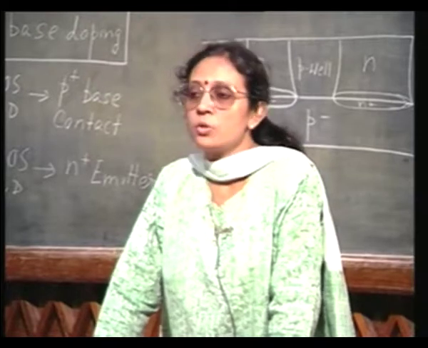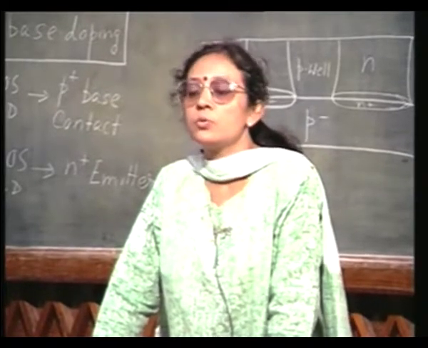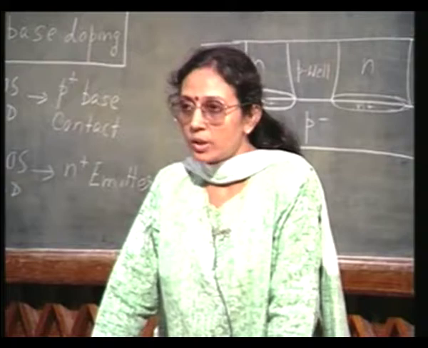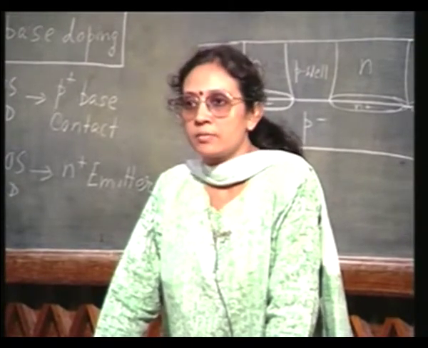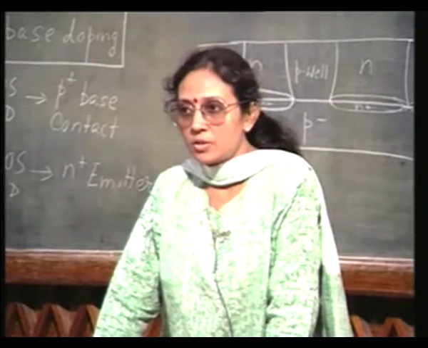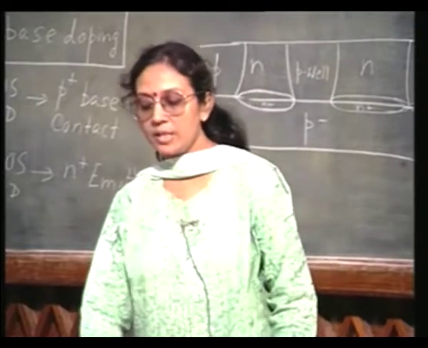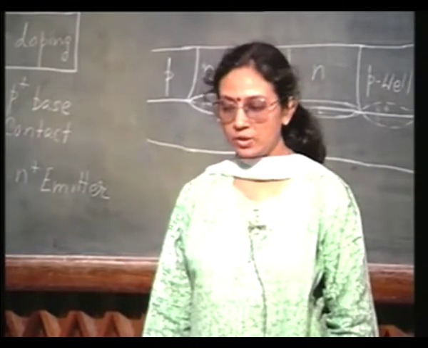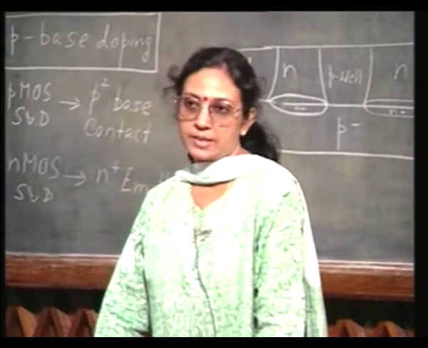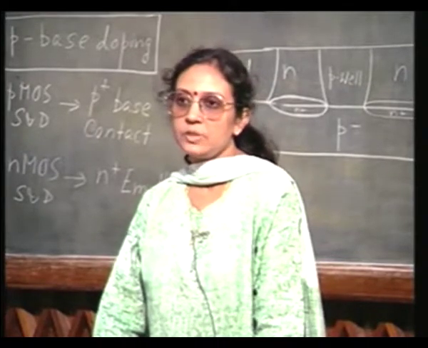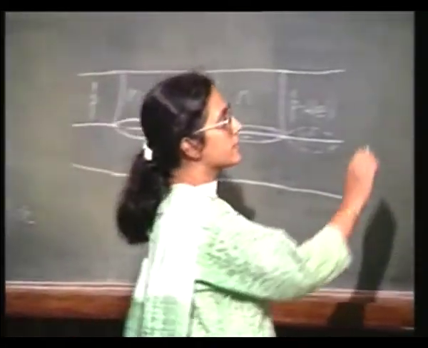So, what do we use? We use, on top of the polysilicon, a silicided gate. Okay. The same thing we could also use to take the emitter contacts, right. So, the silicided gate can be used as the emitter contacts. Then come other finer aspects. For example, the LDD structure.